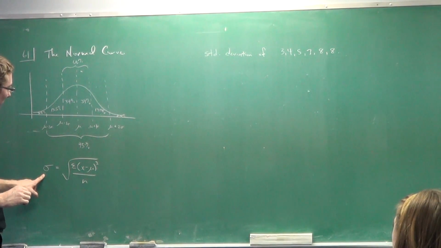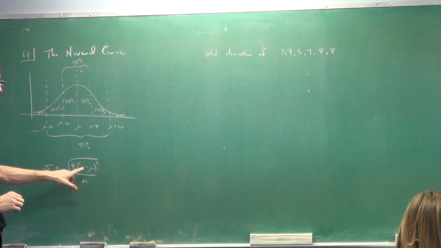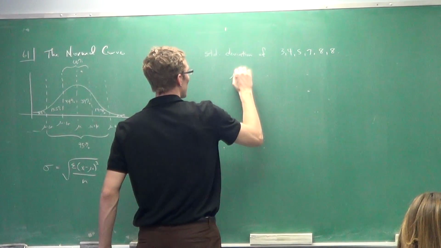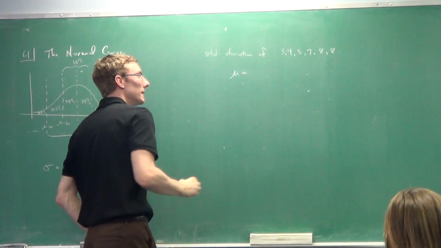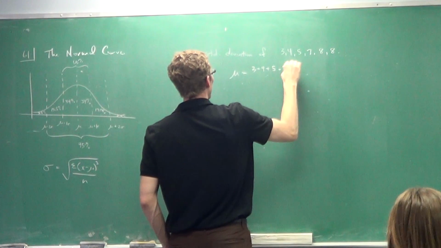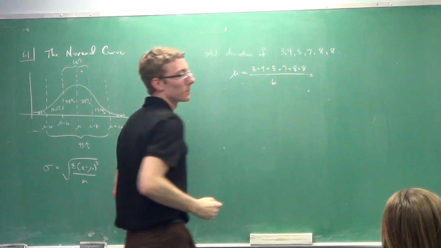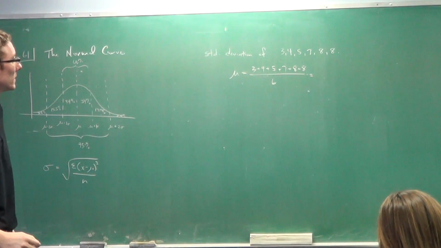To do the standard deviation, we're going to have to know how many numbers we have, what the mean is, and how far each number is off the mean. So as a first step, let's calculate the mean. The mean is calculated by adding up all the numbers and dividing by the number of numbers. This is a good old-fashioned average. Add the numbers up, divide by 6 in this case.